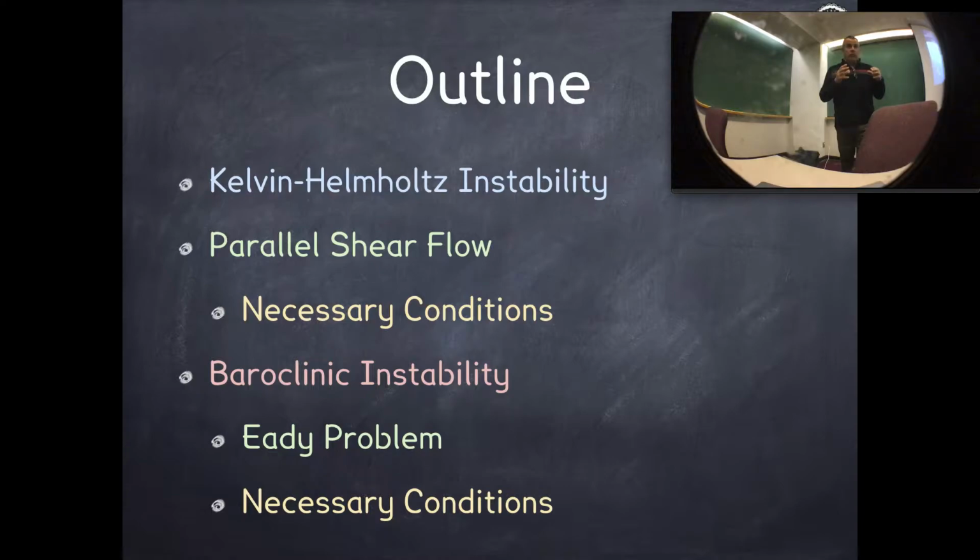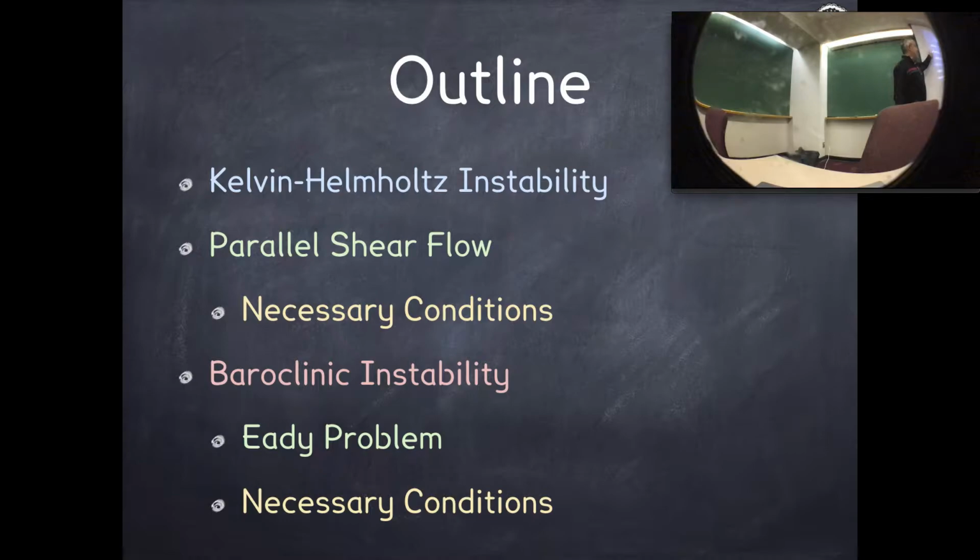So we're going to talk about Kelvin-Helmholtz instability, which is almost so easy that you forget that it is something that's hard to think about. But that's an example that we're going to keep coming back to as we go into parallel shear flow, which is a generalization of Kelvin-Helmholtz, and then baroclinic instability, which is a further generalization of flow classes away from parallel shear flow.